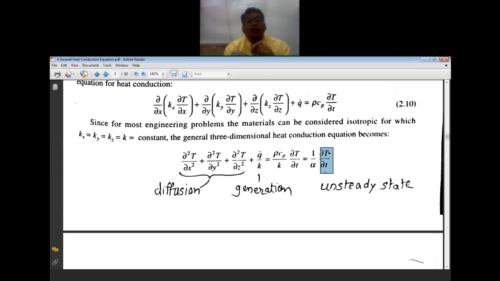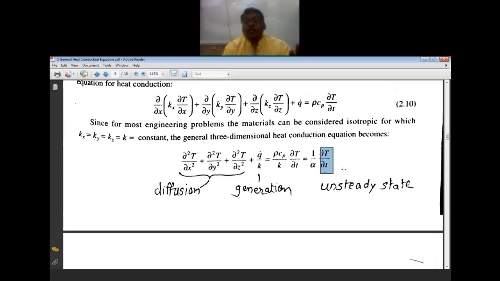Variation of anything with respect to time, whether it's a temperature, a concentration, or a pressure, becomes your unsteady state. If you think of energy balance, mass balance, or momentum balance equations, this unsteady state will exist. In the energy balance equation, it's the temperature varying with time, dT upon dt.